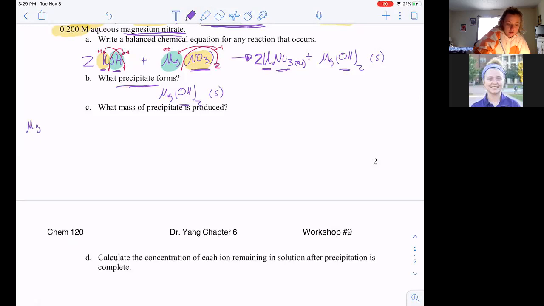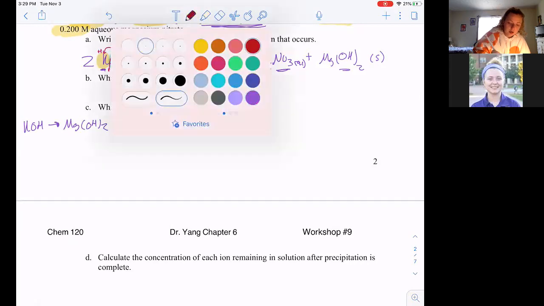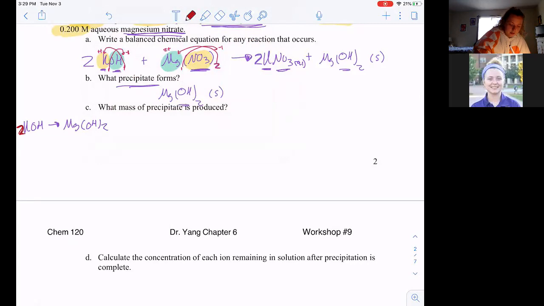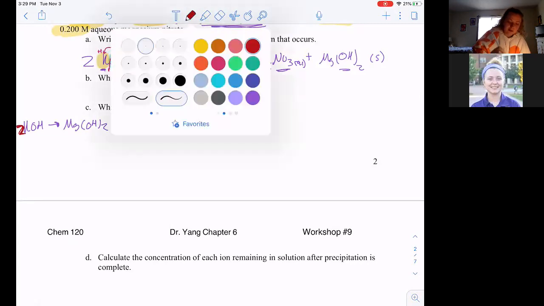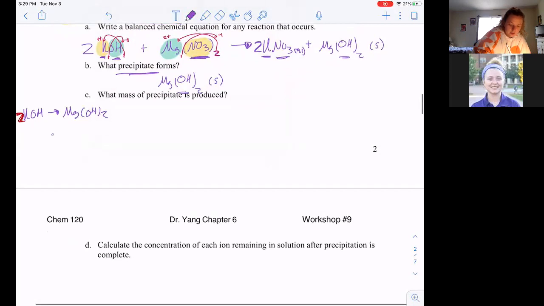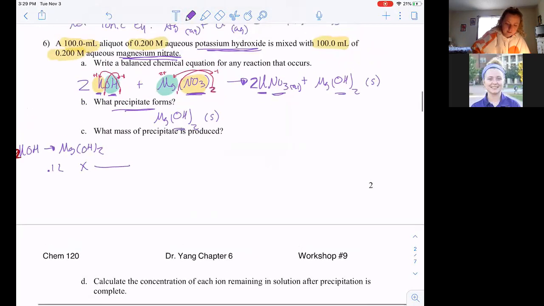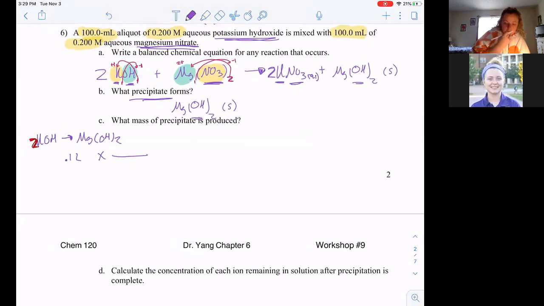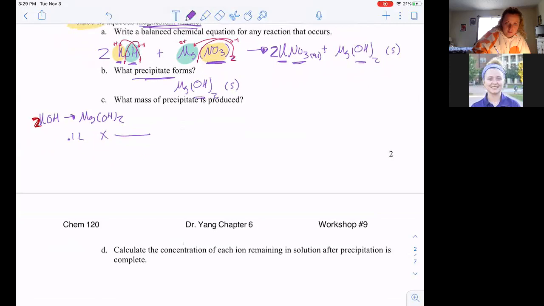we're going KOH to MgOH2, okay? And we should remember from our stoichiometry that there's twice as many KOHs as there are MgOH2, just a little side note. So if I have 0.1 liters, we need to convert that to moles, 0.2 moles of KOH, okay?